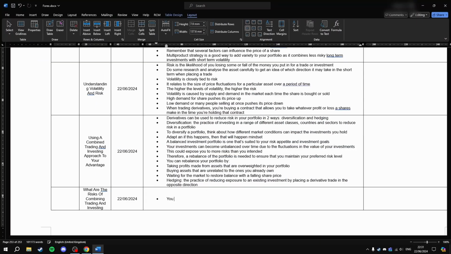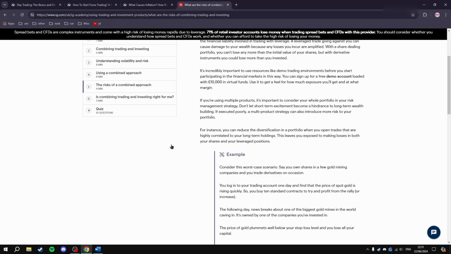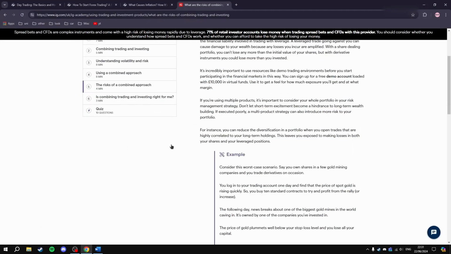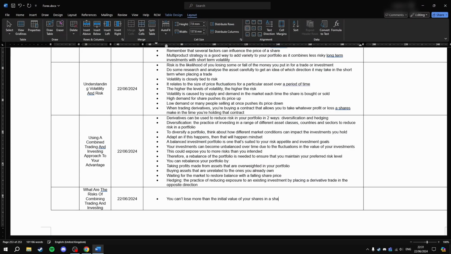So you can't lose more than the initial value of your investments with shares in a share dealing portfolio.